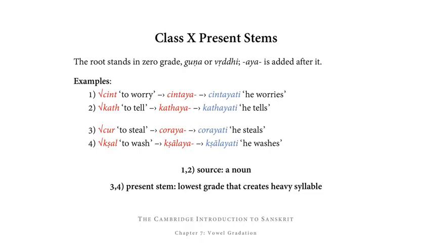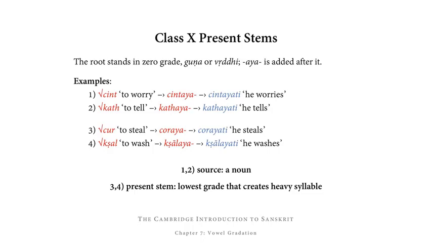So for example, of cint, to worry, we have a present stem cintaya and a third singular cintayati, he, she, or it worries. Of kath, to tell, we have a present tense stem kathaya and a third singular kathayati, he, she, or it tells.